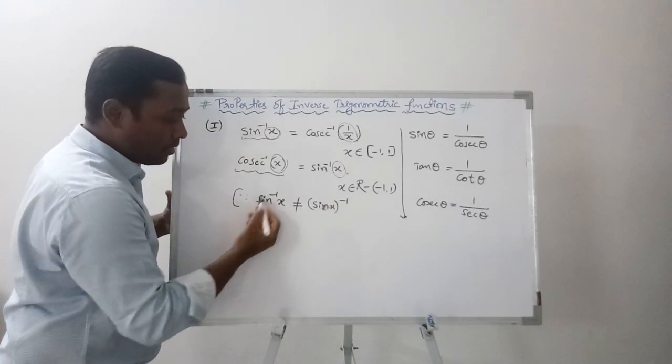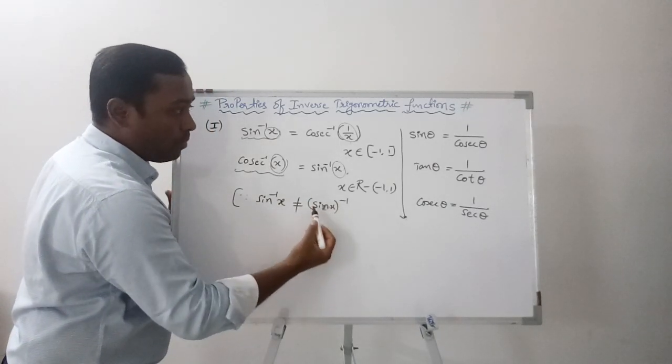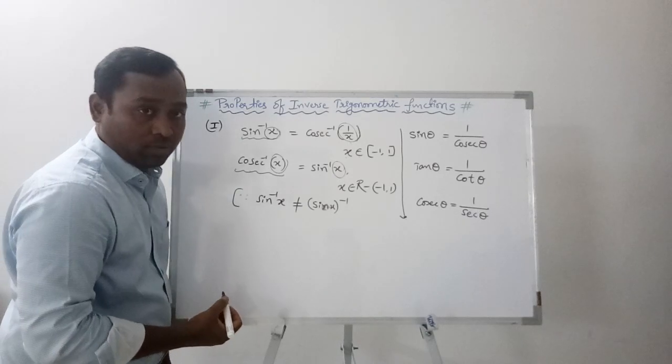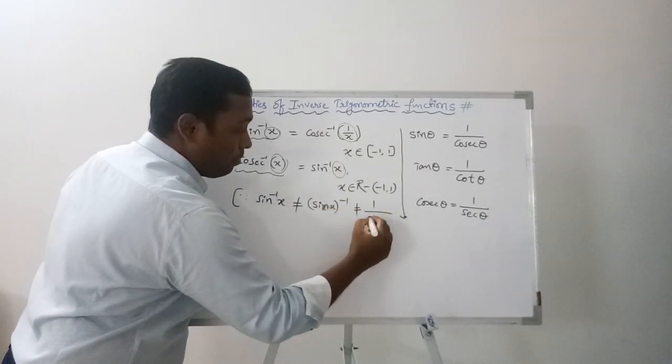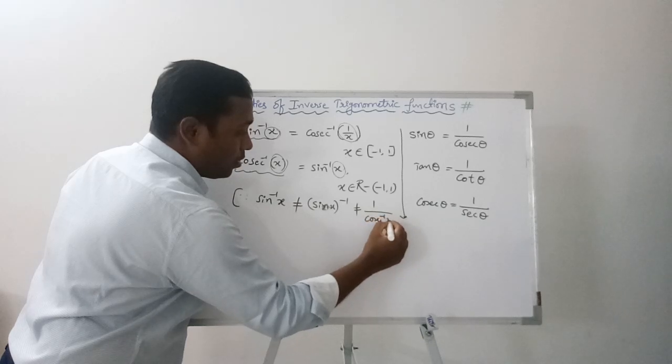It cannot be equal to 1 by cosec inverse x.